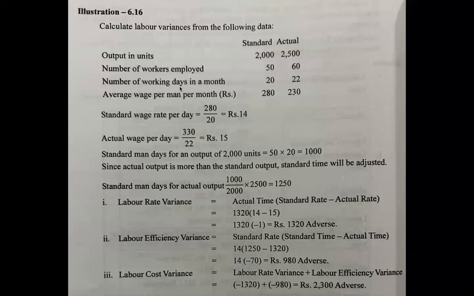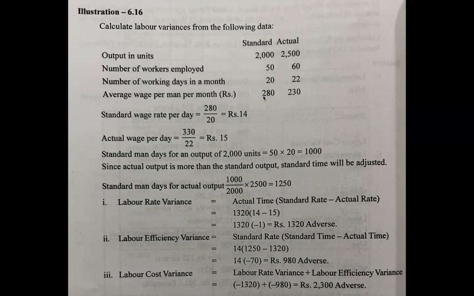Number of working days in a month: 20 is the standard, and 22 were actually spent by the workmen. Average wage per man per month is 280 standard and 230 actual. The actual average wage is less than the standard wage.